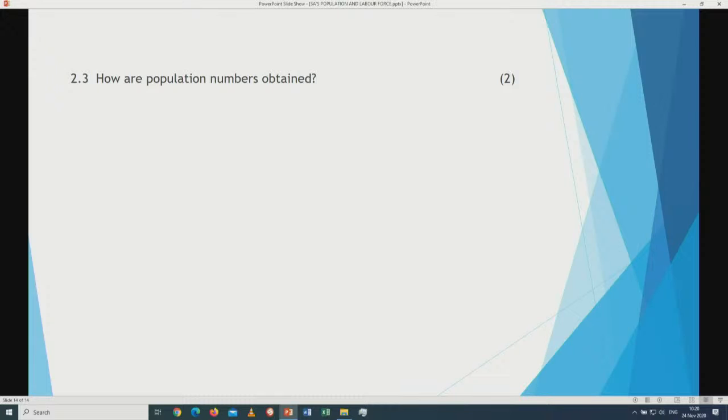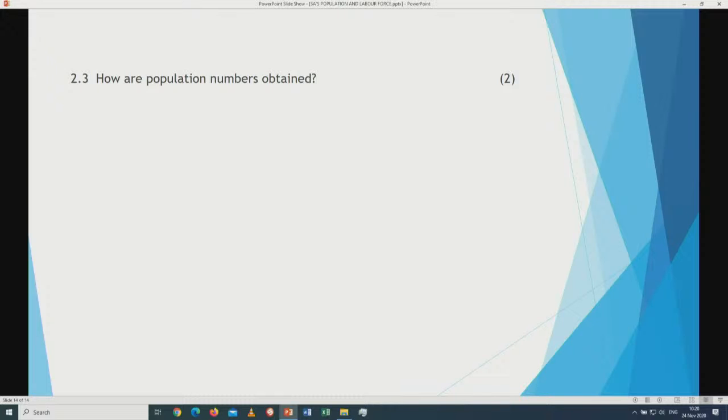This is a question that you can also get in section B for 2 marks, where you need to use your knowledge to answer a question like this one. How are population numbers obtained? Right? This one does not say list. This one wants you to explain how population numbers can be obtained.